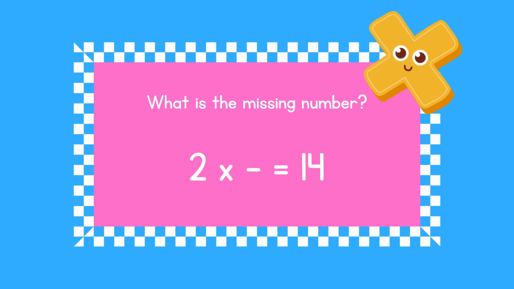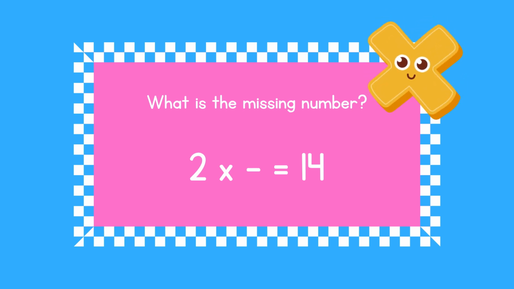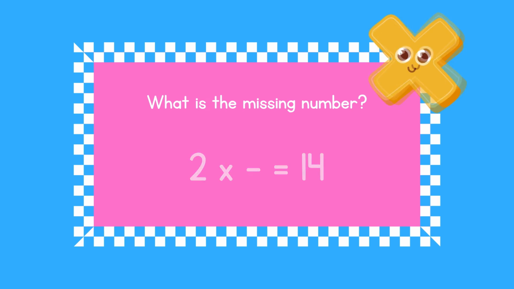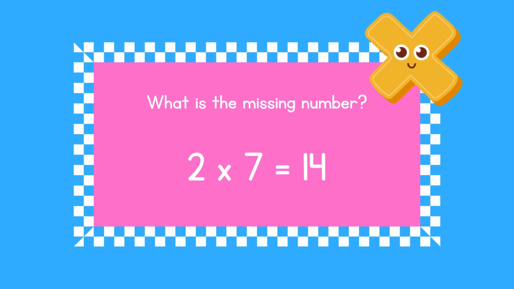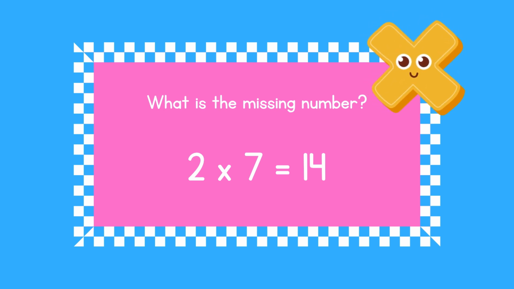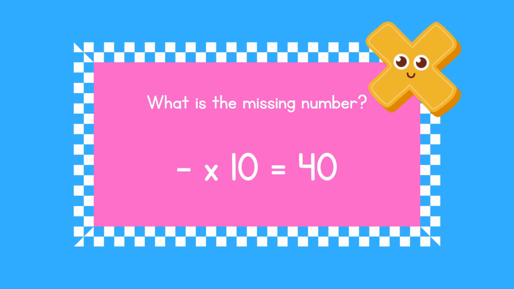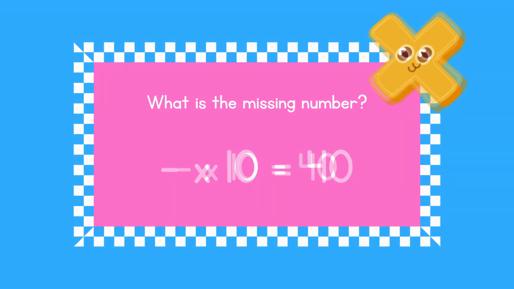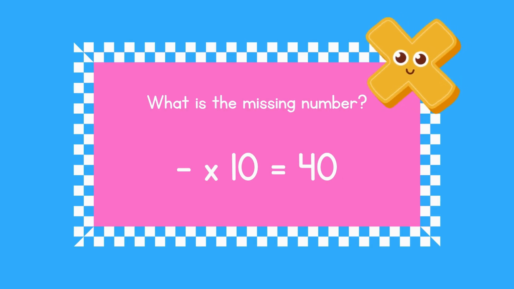Find the missing number. Two multiplied by 7 is 14. Find the missing number. Four multiplied by 10 is 40.